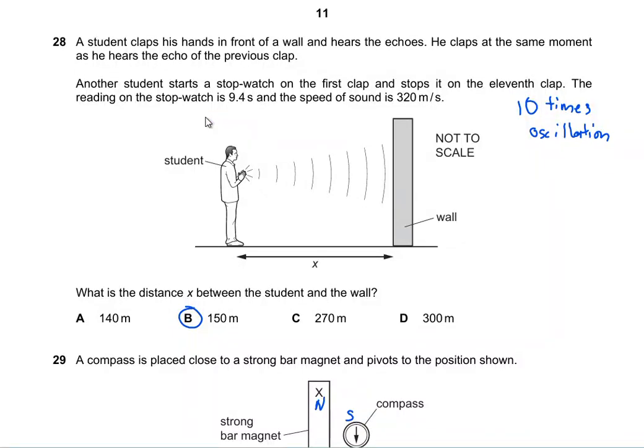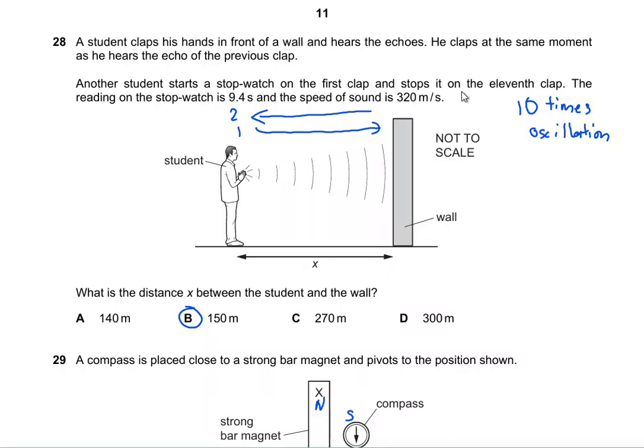Okay, this is sort of a trick. Anyways, you have to understand. First he claps, clap one, then the sound goes out and returns, then he claps again. So within these two claps, the first and second clap, the sound moves twice, right?